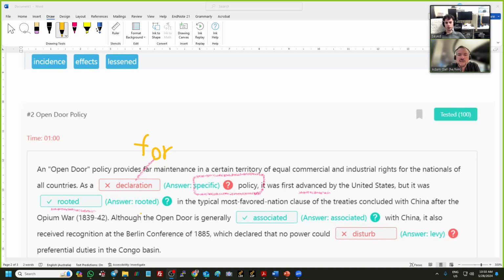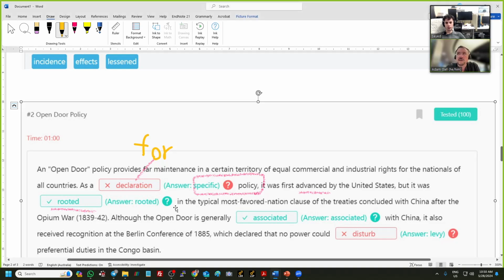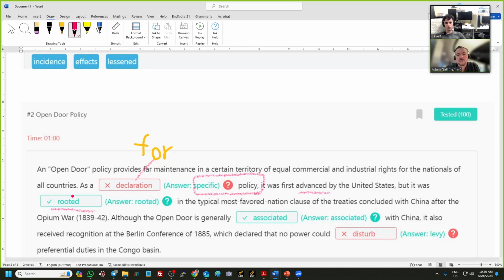Rooted in means it had its origins in or it grew out of. So they're saying that in these treaties from an earlier period of time, there was a version of this kind of arrangement where someone from another country could come and do business on equal terms with citizens in that country. As a specific policy, it first came in the United States, but it had origins earlier in other agreements.